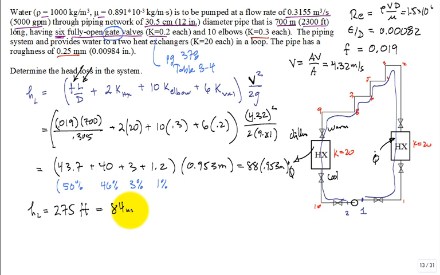So, what you would want, if you wanted to push 5,000 GPM through the system as laid out with 12-inch pipe and that many 90s and a couple of valves that can be closed if you need to isolate a piece of equipment and remove it for repair, but they're usually normally open, fully open. Well, you're going to need to have a pump that can supply that head, 275 foot of head.